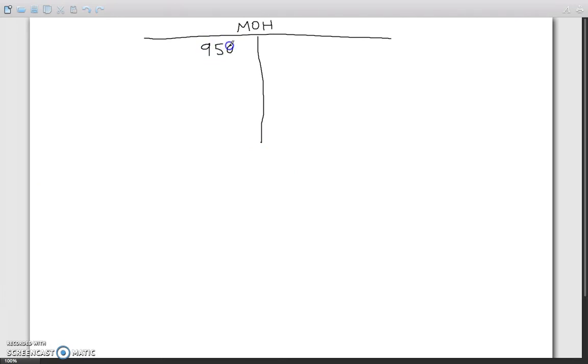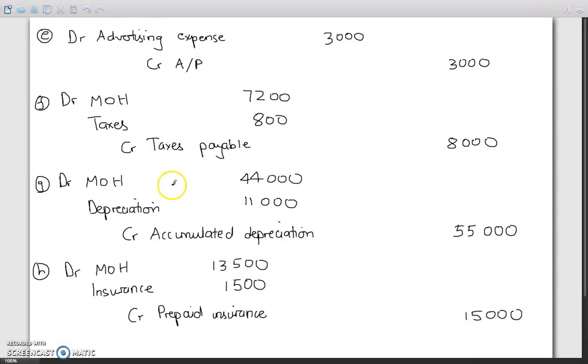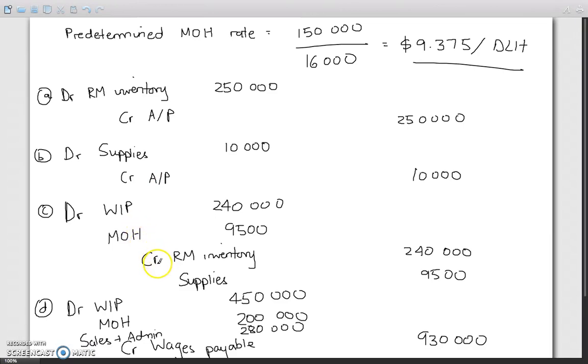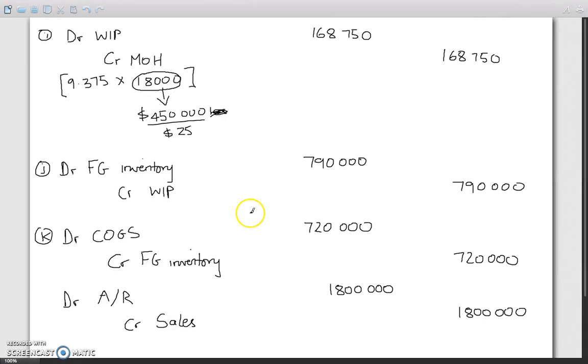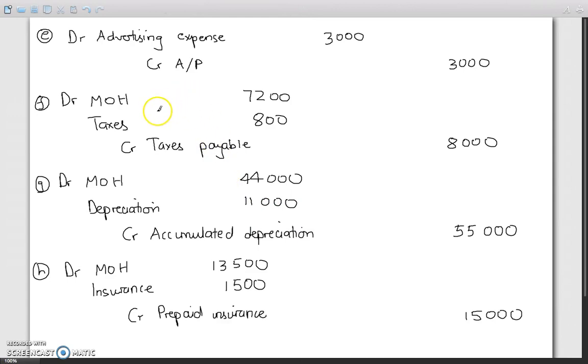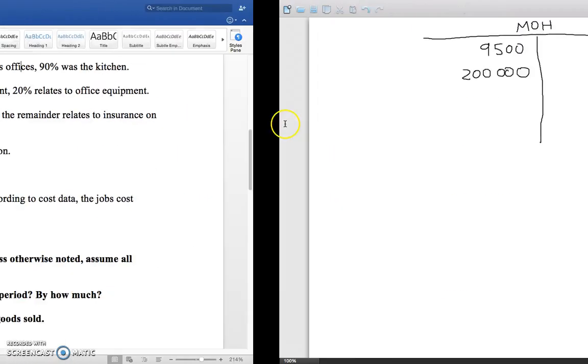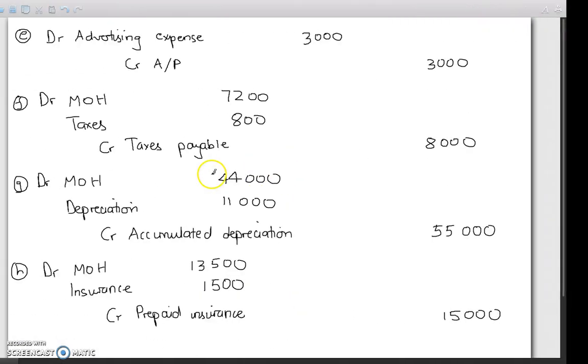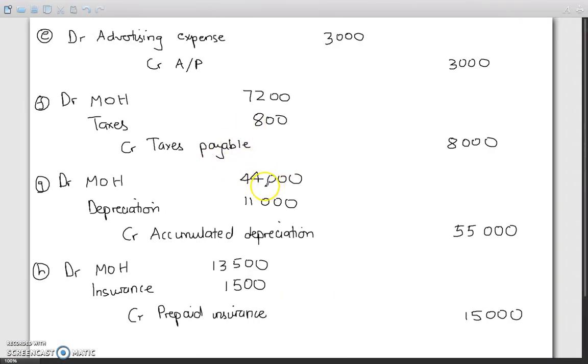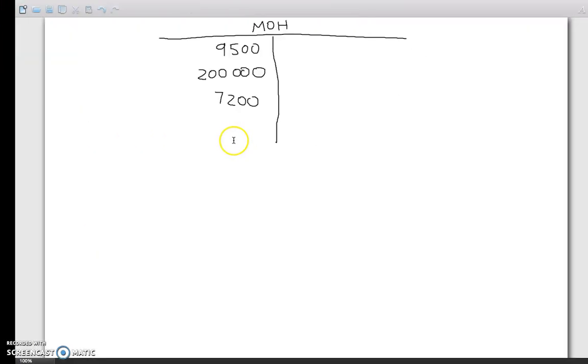So it was debited once by 9,500, and then again, it was debited over here by 200,000. And then moving on to this one, debit here by 7,200. Okay, and 44,000, 13,500.